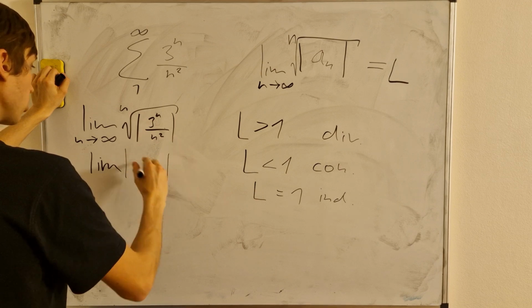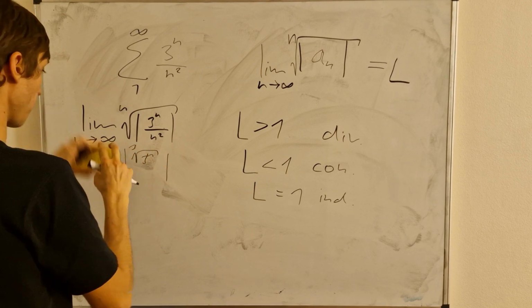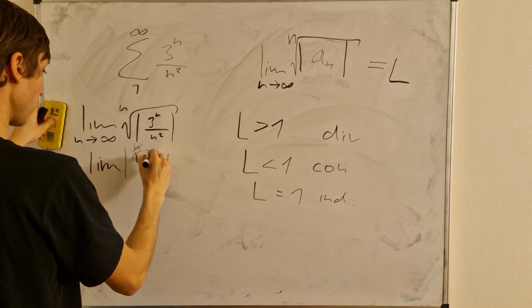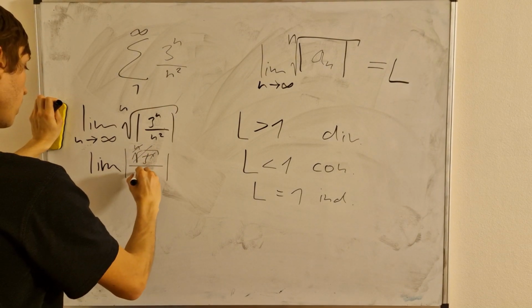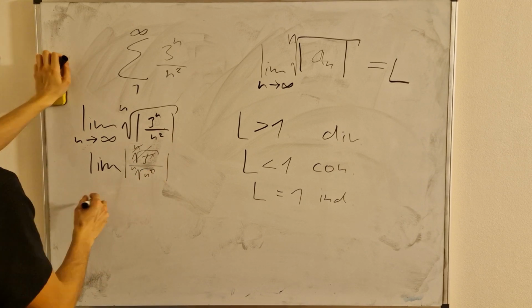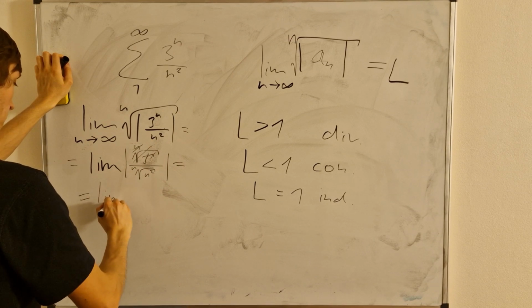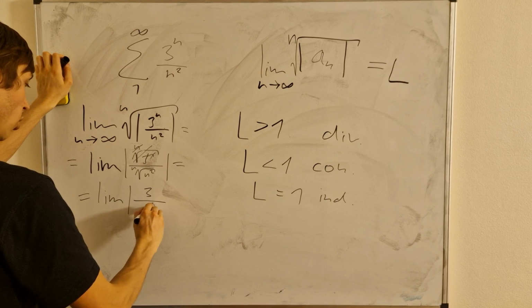Well, we have the absolute value, the nth root of 3 to the n, so this will actually cancel these two things out, and it will be over the nth root of n squared. So what it is, basically, limit of 3 over n to the 2 over n.